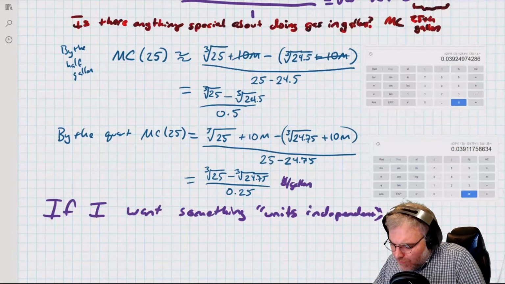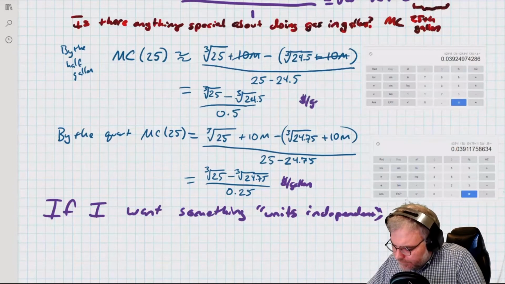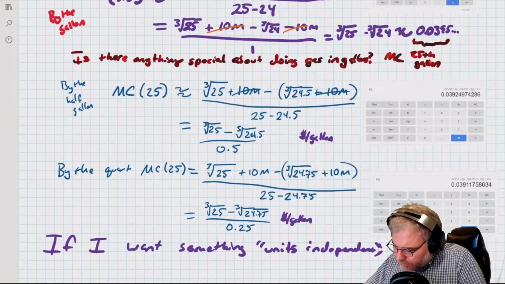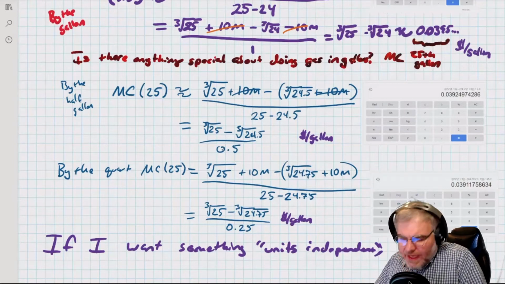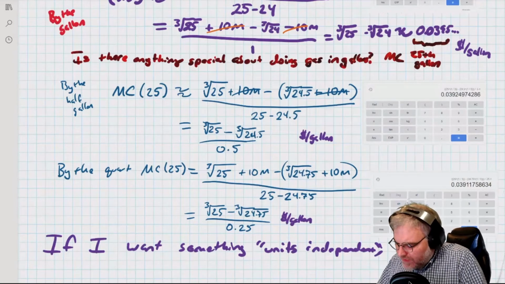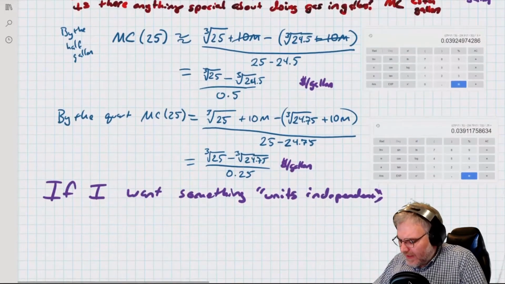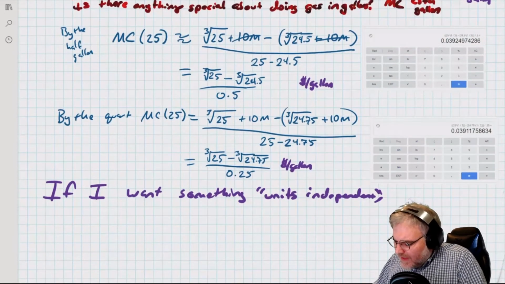Even though I'm doing it by the quart, the number is still dollars per gallon. Right? That was the point. When I did it by the half gallon, I ended up dividing by 0.5, which is multiplied by 2. When I did it by the quarter gallon or by the quart, I divided by 0.25, which is the same as multiplying by 4.